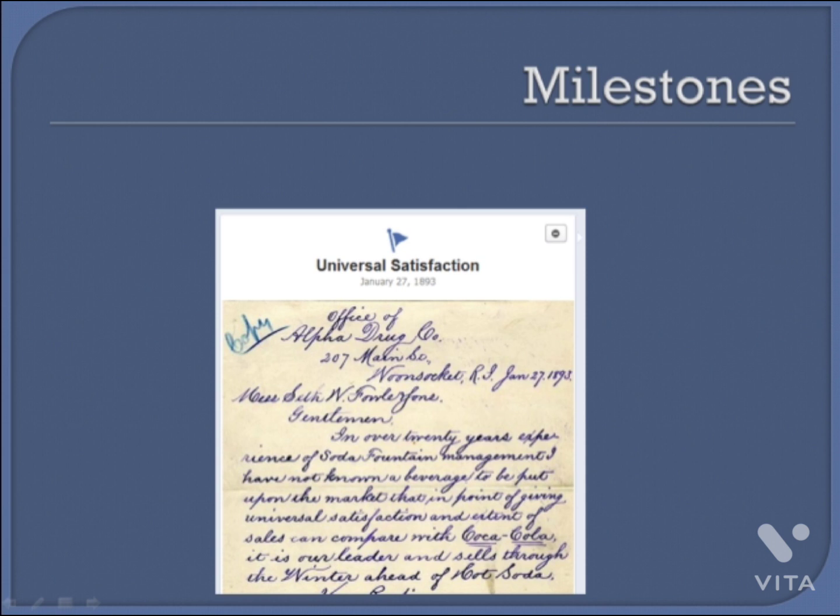And you can go all the way back to the 1800s, and as you can see here with the Coca-Cola, January 27th, 1893, you can see the milestones here. So that concludes the end of the anatomy of a Facebook timeline. Now you understand it, you can tackle it in a much easier way.